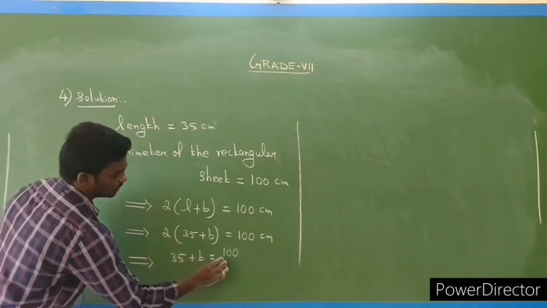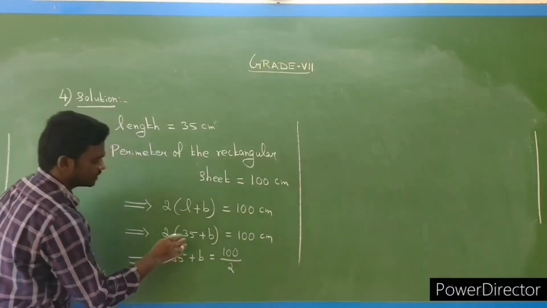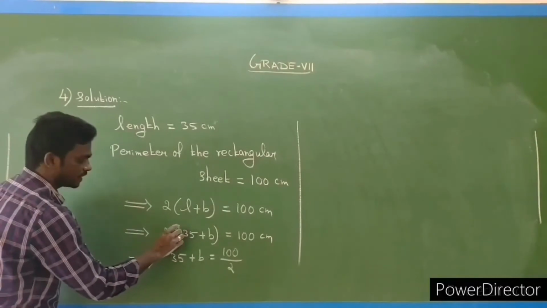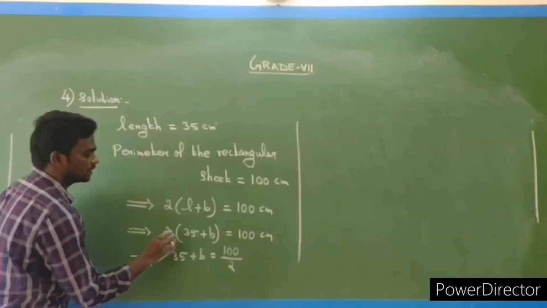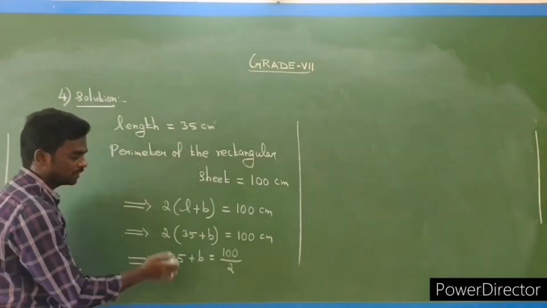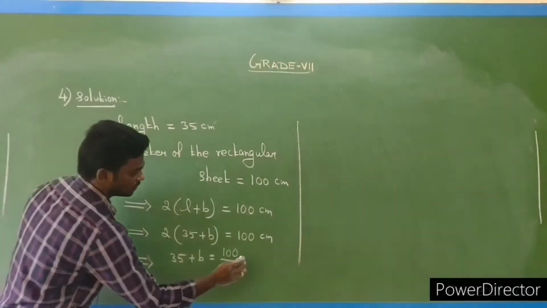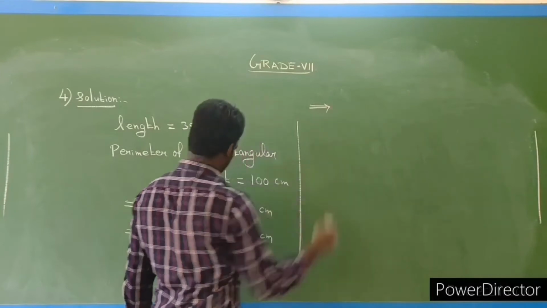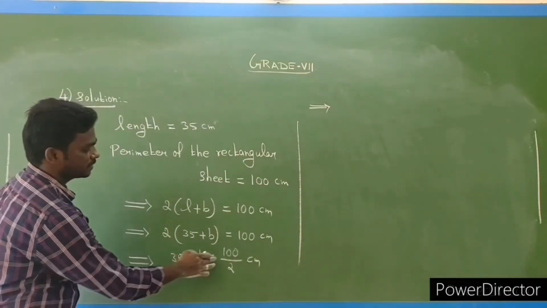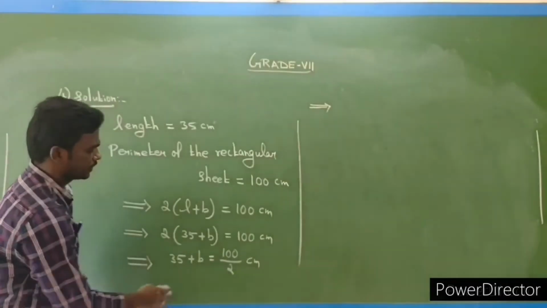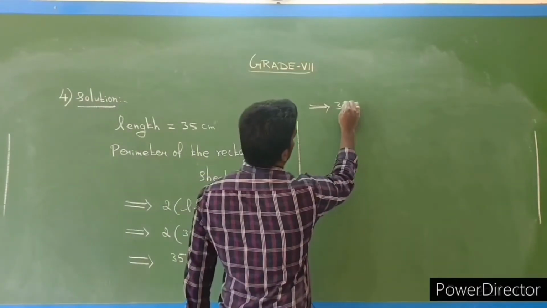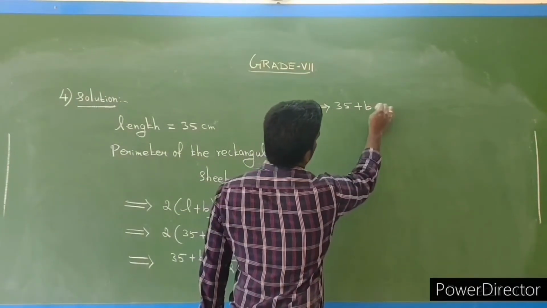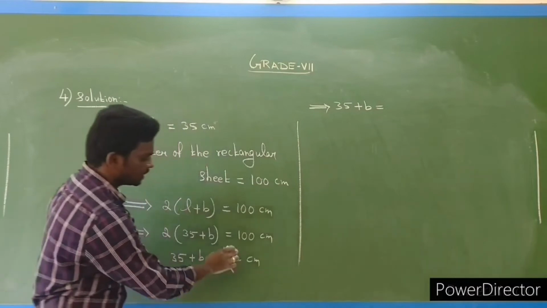This 2 is transposing to division to the right side, because the 2 is the multiplication value on the left side. Implies that 35 plus B is equal to 100 divided by 2. So 35 plus B is equal to, what is the value of 100 divided by 2?